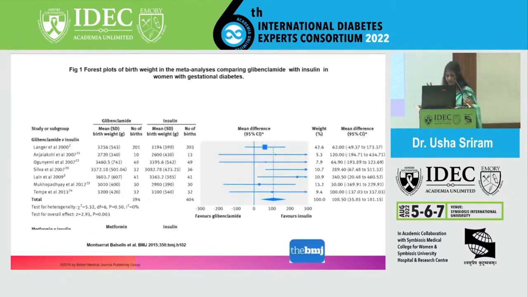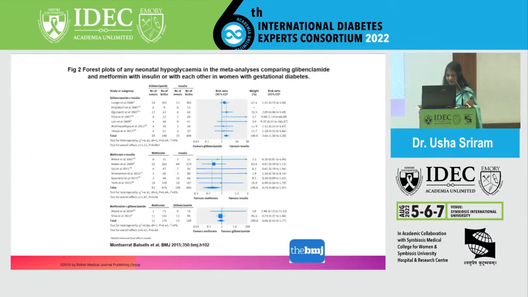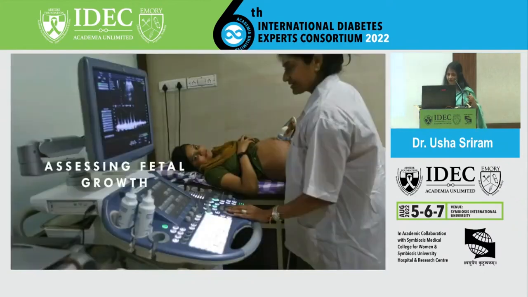And I just want to show you one of the 2 reasons why glyburide has fallen out of favor. You can see here in terms of birth weight comparison with insulin, and also neonatal hypoglycemia comparison with insulin, glyburide did poorly.